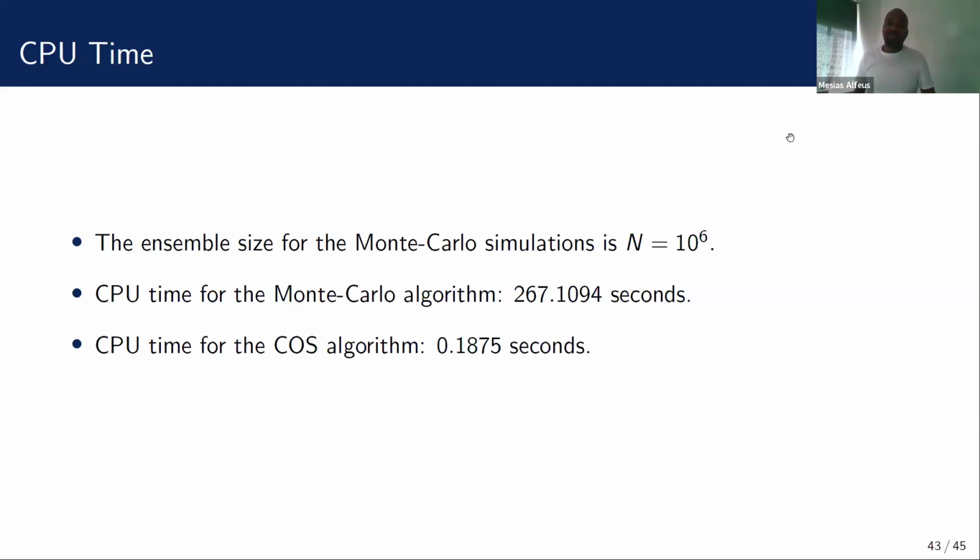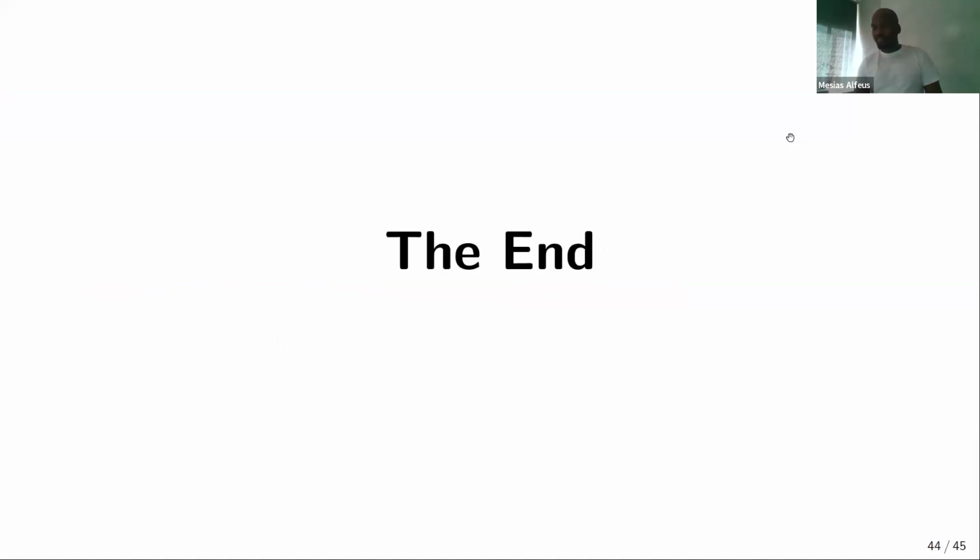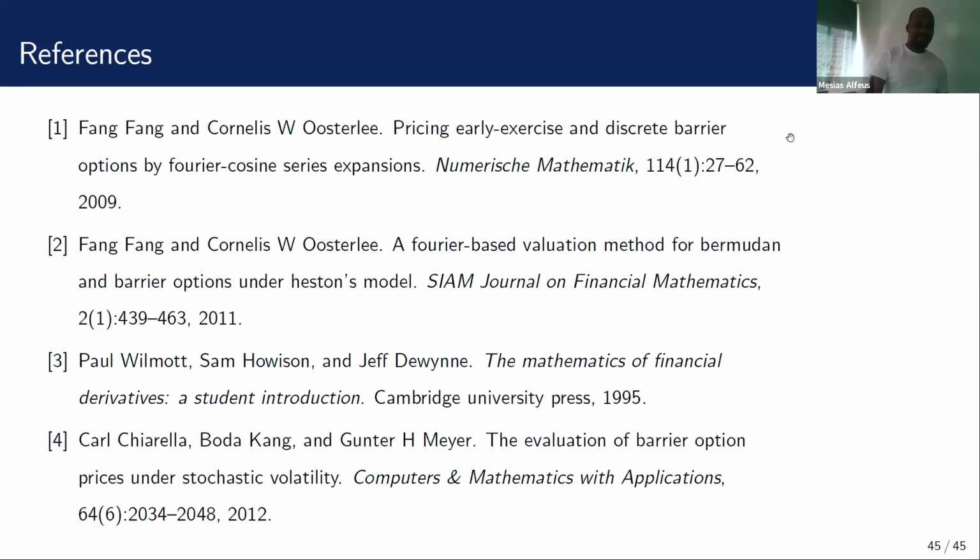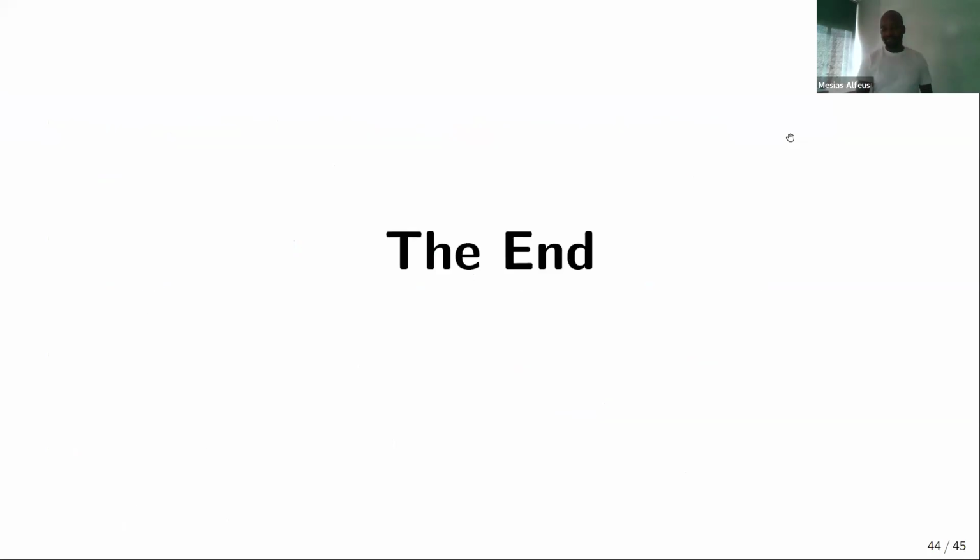For instance, if you have bigger sizes and things are computationally expensive, then we would prefer the cosine method over the Monte Carlo simulation. Okay, this is the end of my talk. These are some of the references.